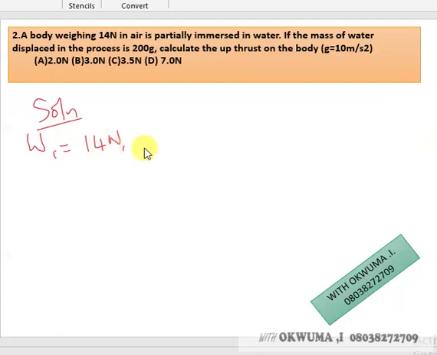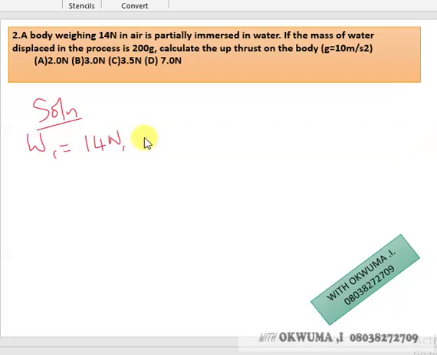Then, the mass of water displaced is 200 grams. Remember your Archimedes principle. When a body is totally or partially immersed in a fluid, it experiences an upthrust, which is equal to the weight of the fluid displaced.